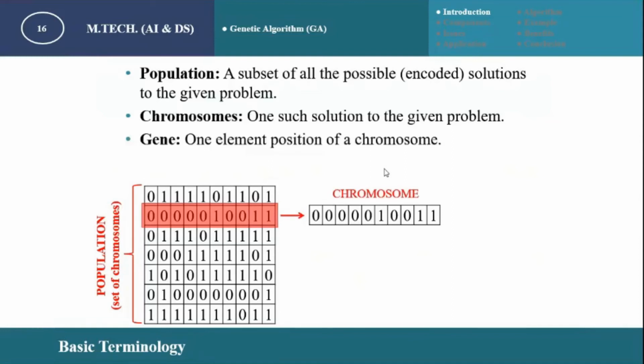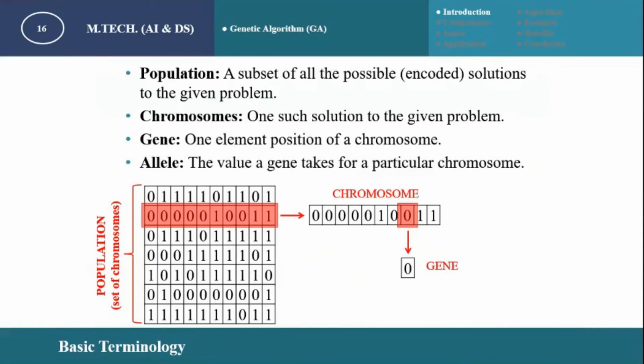Now a gene. A gene is one element position in a chromosome. If we consider a specific location, that particular element is a gene. Another term is allele. The allele is the value that a gene takes for a particular chromosome. In that particular position there is a value 0, so 0 is the allele in this case.